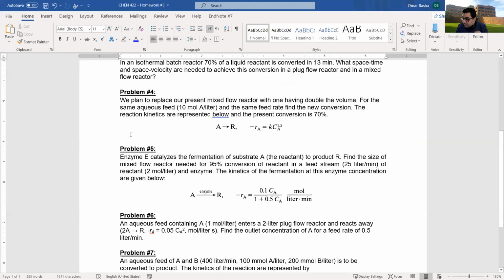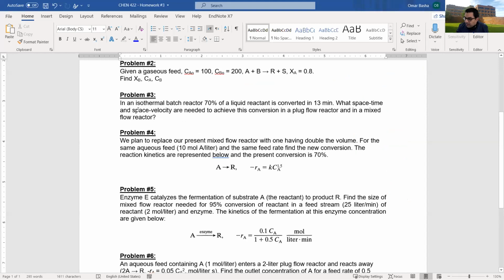Okay, number 3. In an isothermal batch reactor, 70% of a liquid reactant is converted in 30 minutes. What space-time and space velocity are needed to achieve this conversion in a plug flow reactor and in a mixed flow reactor?